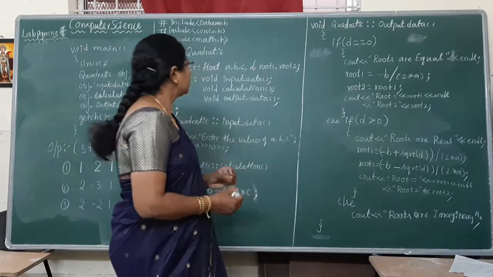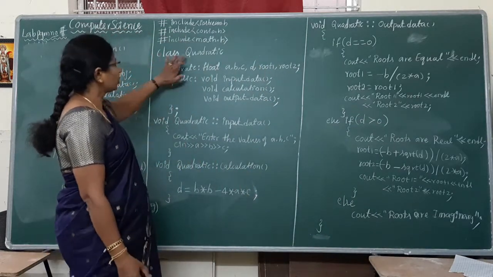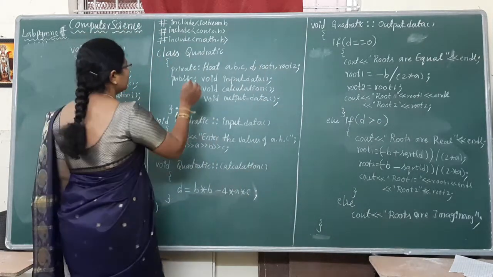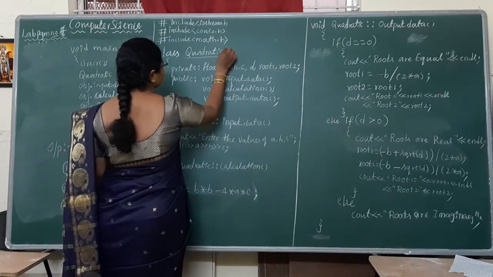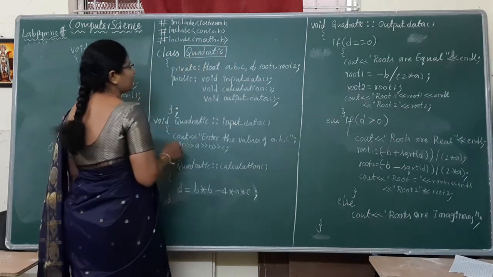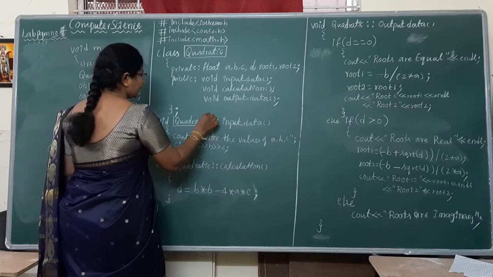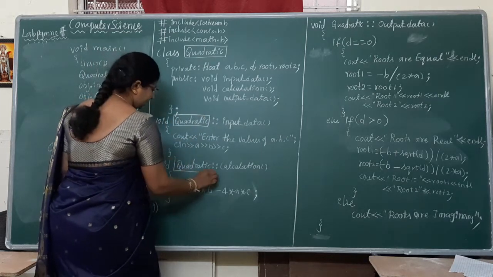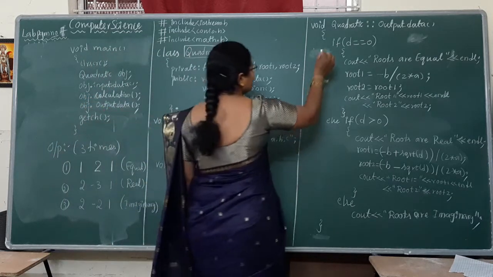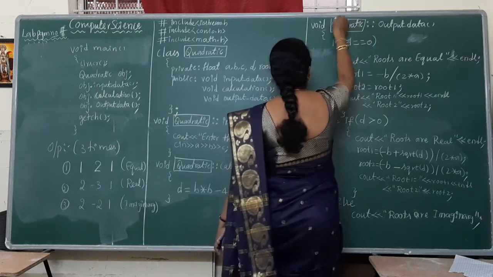Okay students? So class Quadratic. Please remember this. What is this? Class name. Here it is a class name, here it is a class name, and here is a class name.